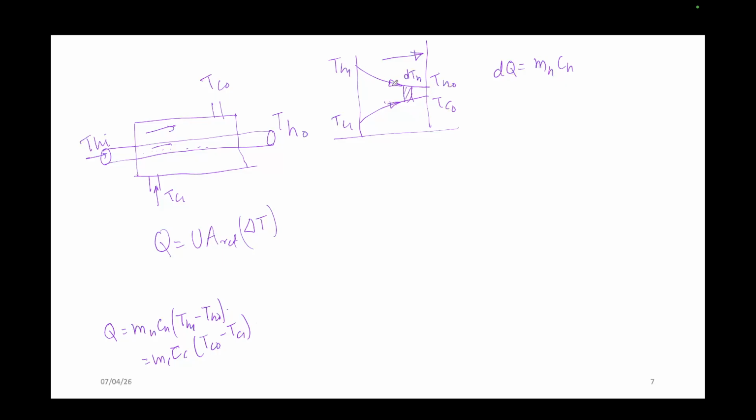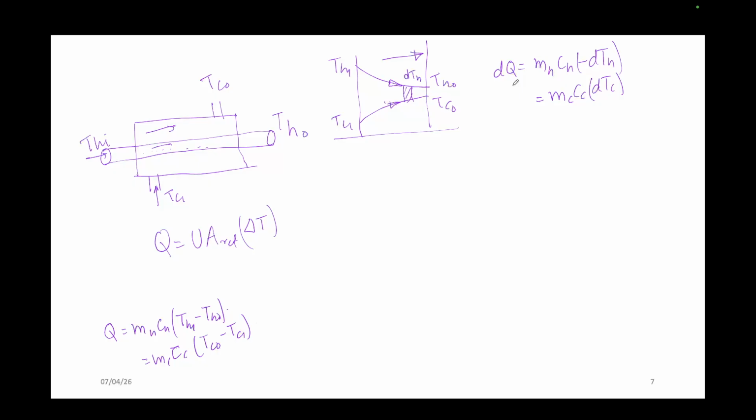Because the temperature is decreasing. Similarly, whatever heat is lost from this hot side will be gained by this cold side. So that should be equal to mC CC into dTC. Can I write? Any confusion? Just tell me. I am just showing you the derivation for this one.